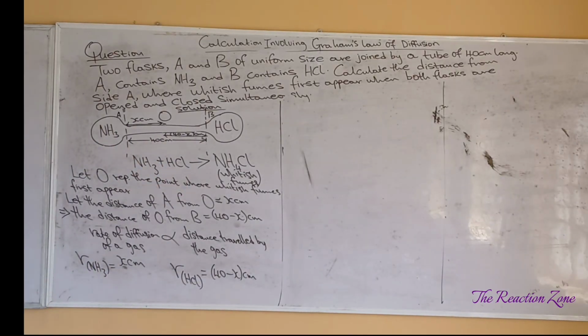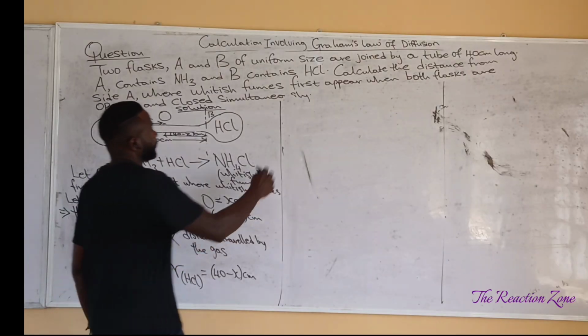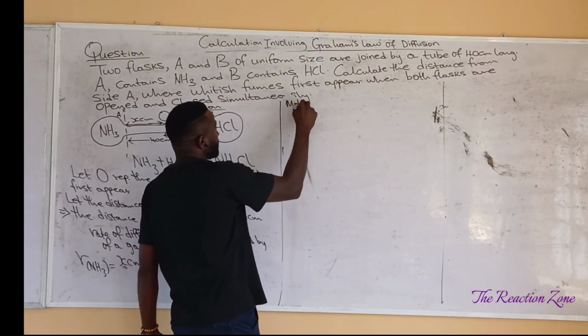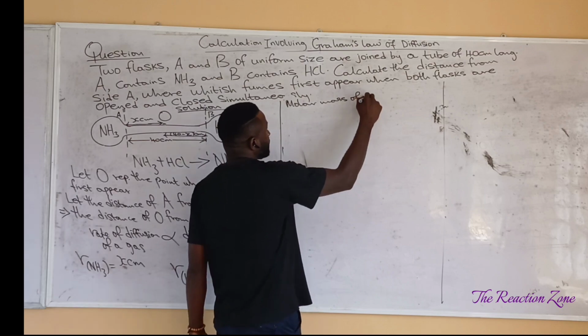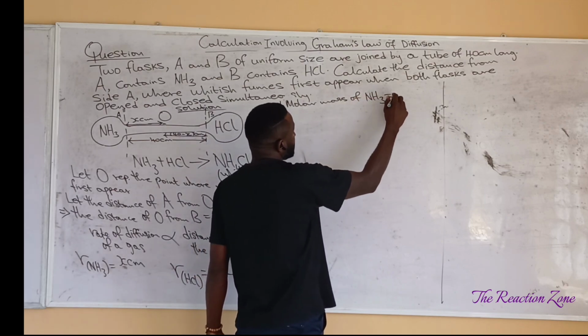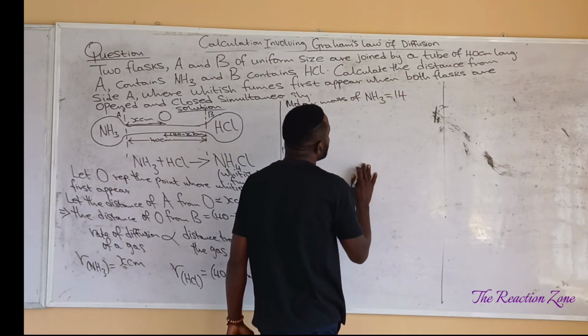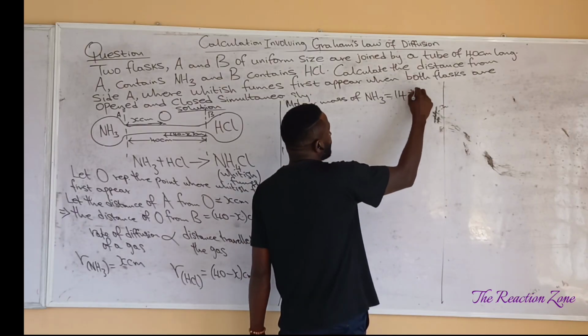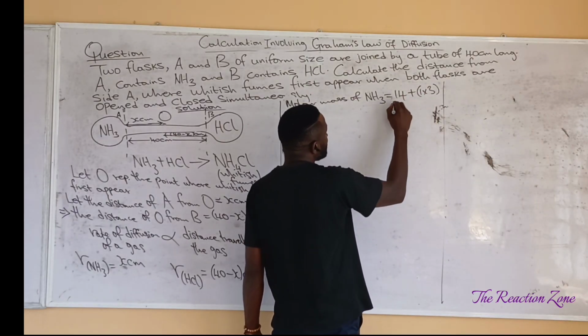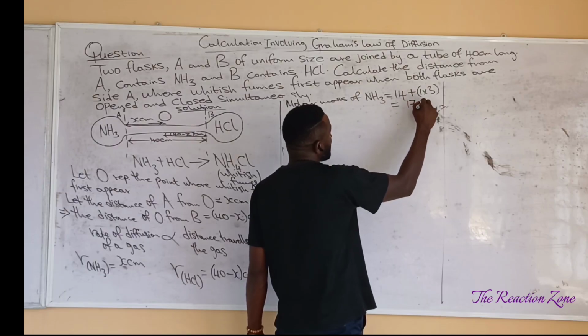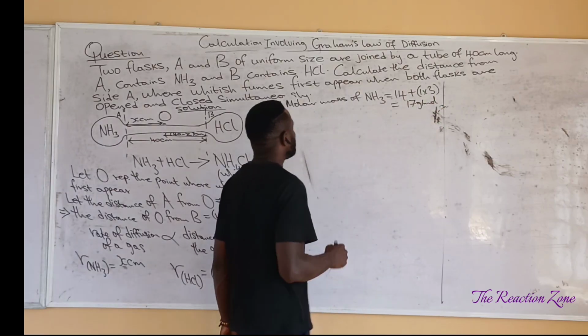The next thing is to determine the molar mass of these two gases. The molar mass of NH3 is 14 for nitrogen plus 1 times 3 for hydrogen, giving us a total of 17 grams per mole.